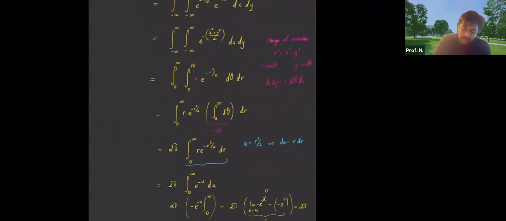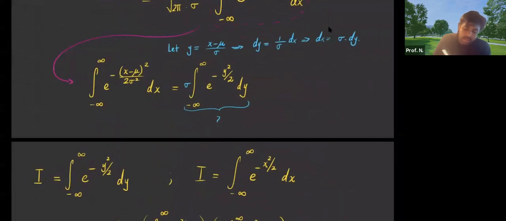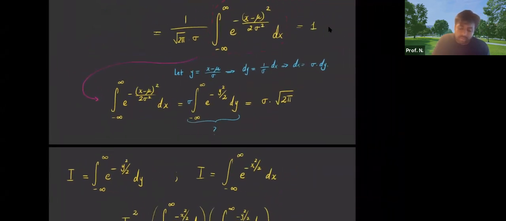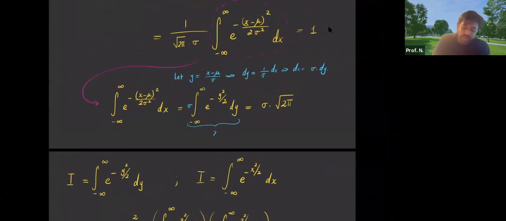Now go all the way back to this moment in time where we had this, right? And remember, this entire expression equaled this. And what am I saying now? I'm saying that this is equal to sigma times the square root of 2 pi. But why is this good?